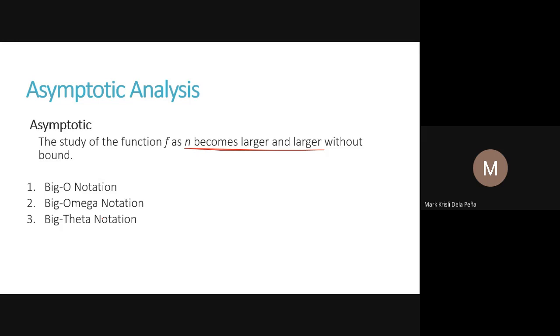So big O, big omega, and big theta. There are other notations, little o, little omega, and little theta, but we will not be discussing them. If you are interested, there are a lot of sources and references that you can look into.